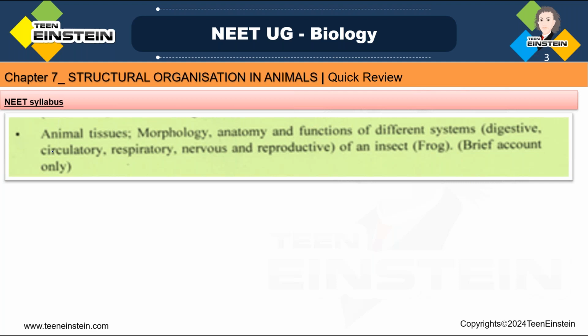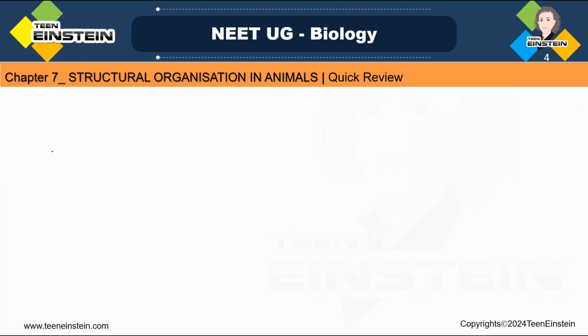So in that, connective tissue proper we have learned. Now we are learning about supportive connective tissue. This is also a very important topic because all repeated questions came from this portion. So supportive connective tissue, what is that?